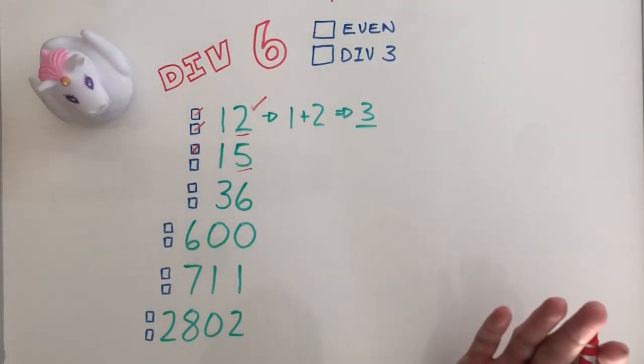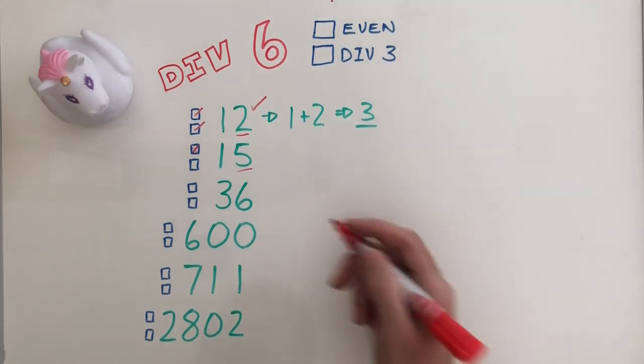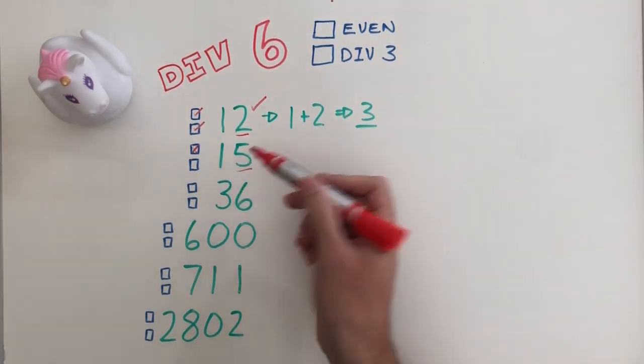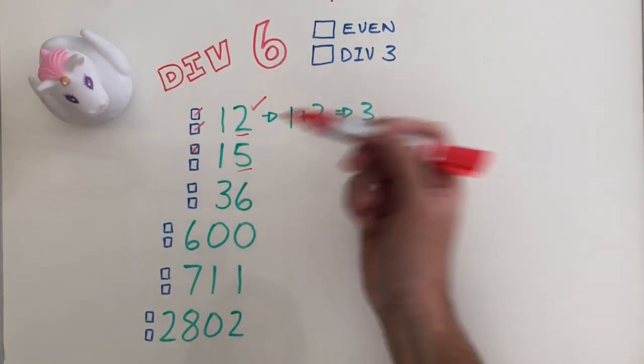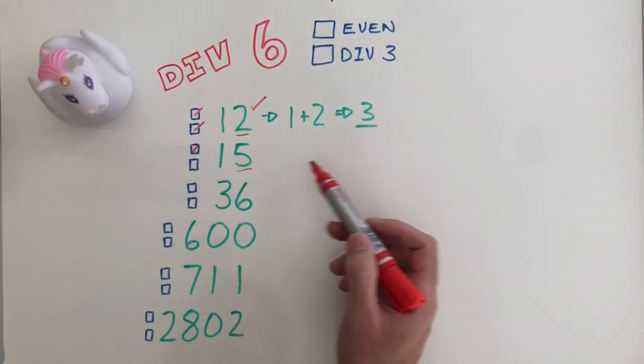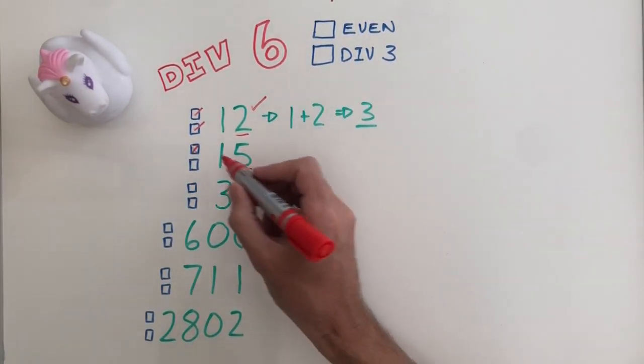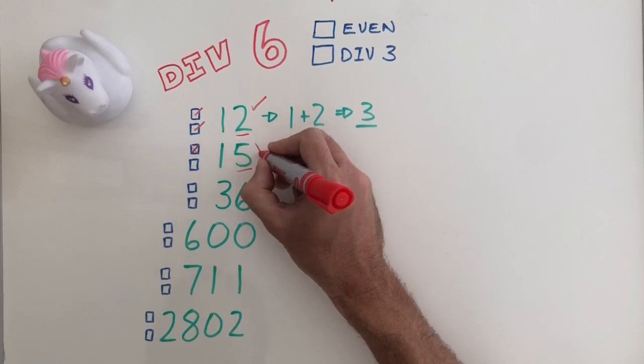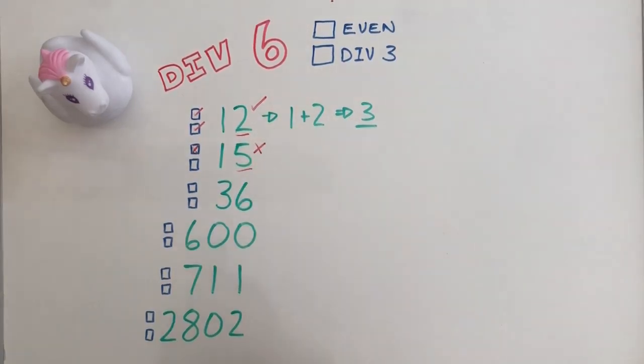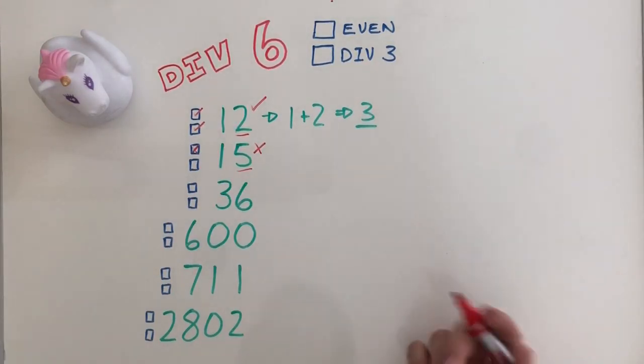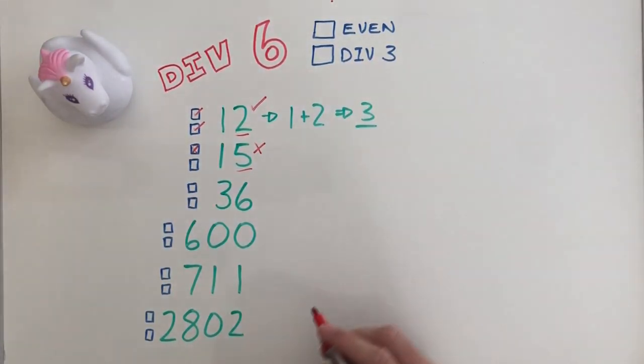I don't even have to check for divisibility by 3. I know it's divisible by 3 because 1 plus 5 is 6, and 3 will go into 6. But I don't have to test it because it fails the first test. If it's an odd number, then off the bat, I don't have to test for divisibility by 3. I can just say 15 is not divisible by 6 because it's an odd number.